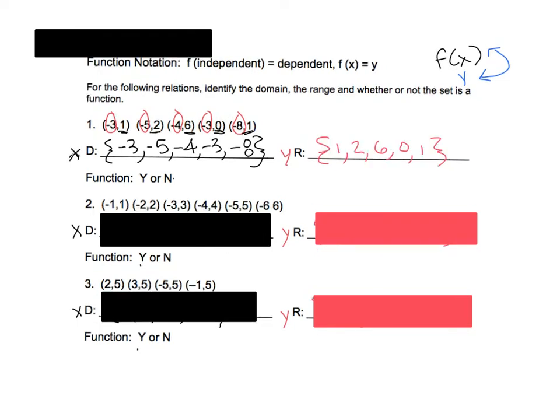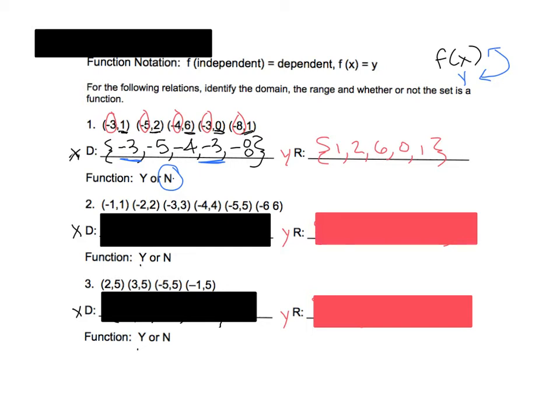We get 1, 2, 6, 0, 1 as our range. Now, to determine whether it is a function or not, we need to look at the domain. So the range doesn't matter. We just focus on the domain. And because I see that I have -3 twice, therefore this is not a function.